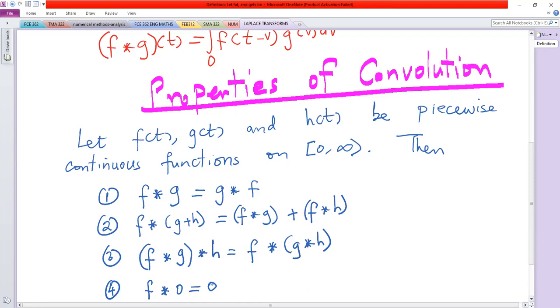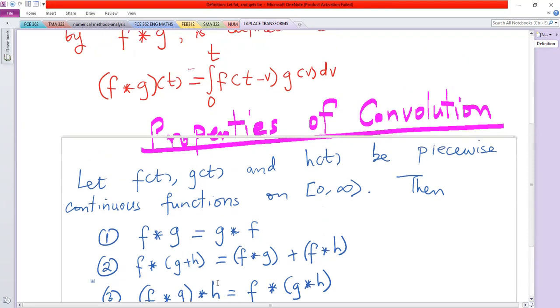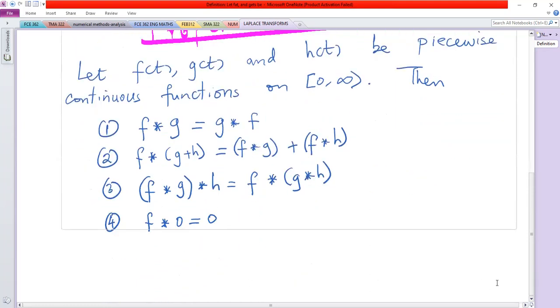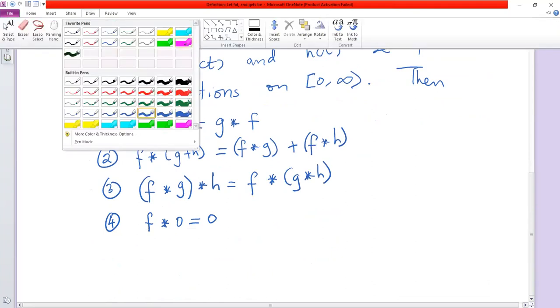And then lastly, let's state the convolution theorem without proof. This will help us to solve some problems on convolution. So, the theorem, or the so-called convolution theorem.